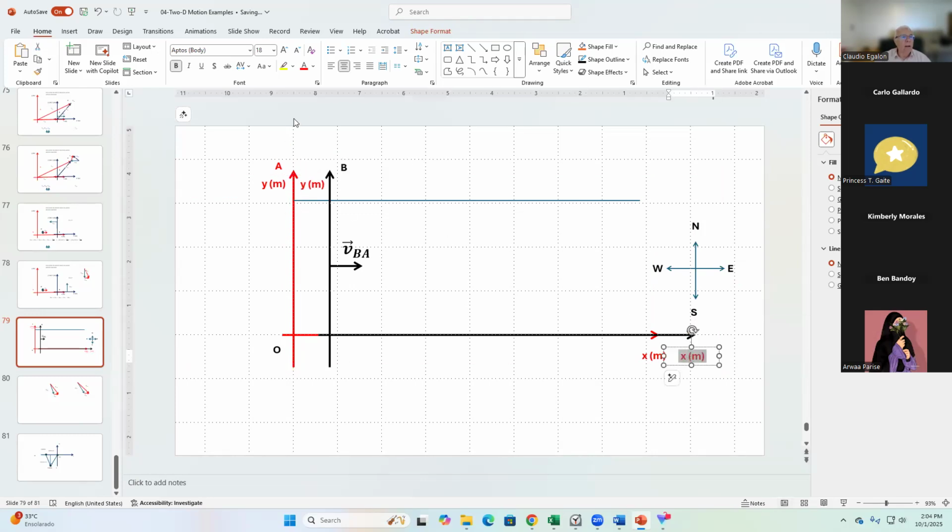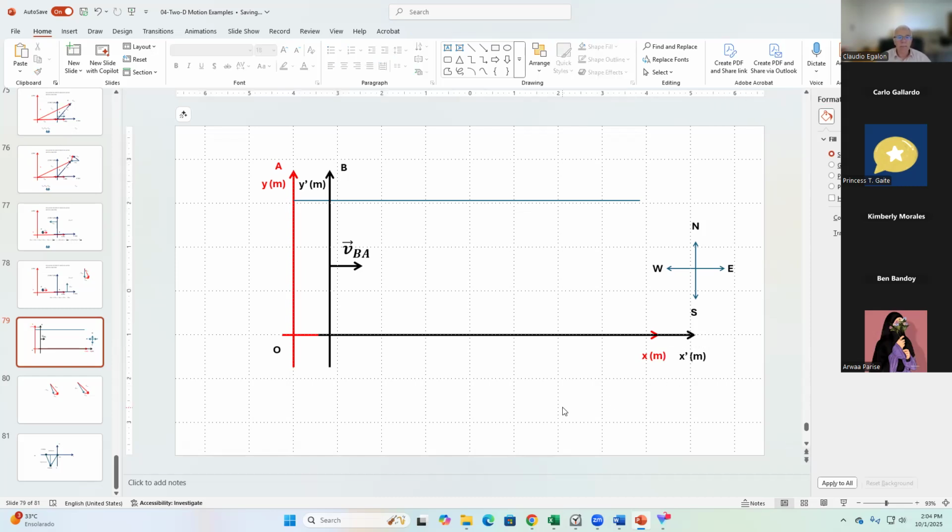I'm also going to change the names. Instead of Y, I'm going to use Y prime. Instead of X, I'm going to use X prime, like that. That's the referential of the water current.